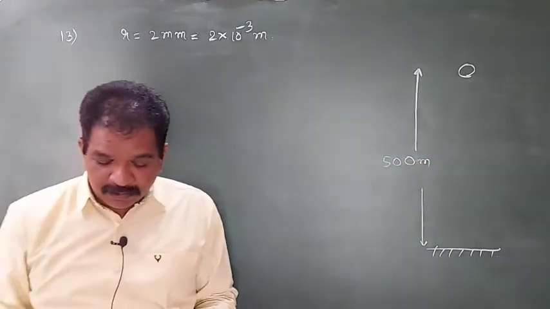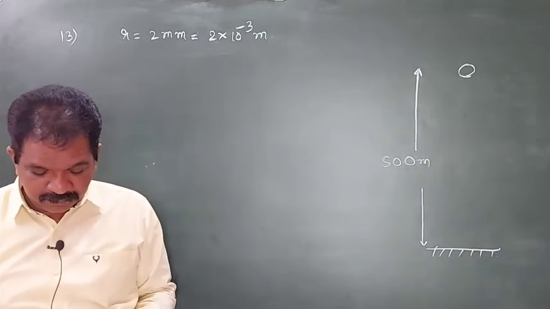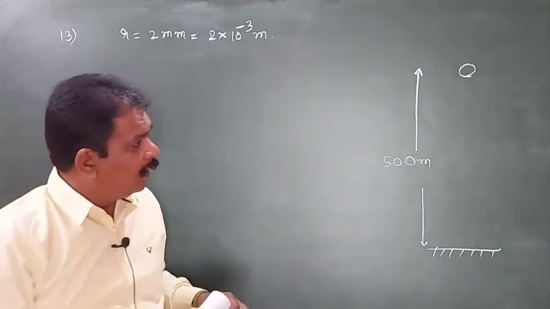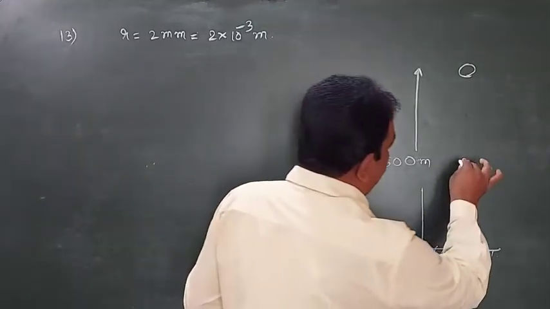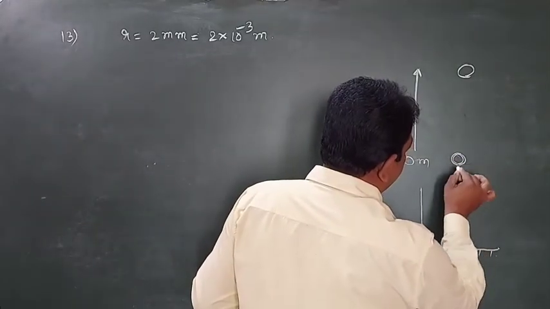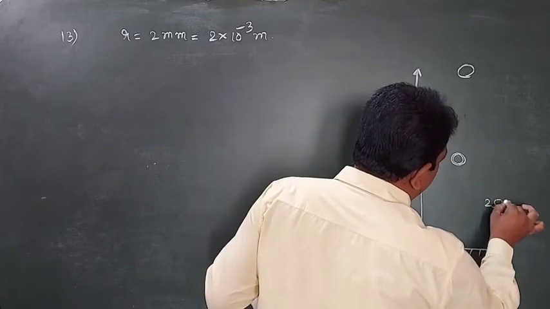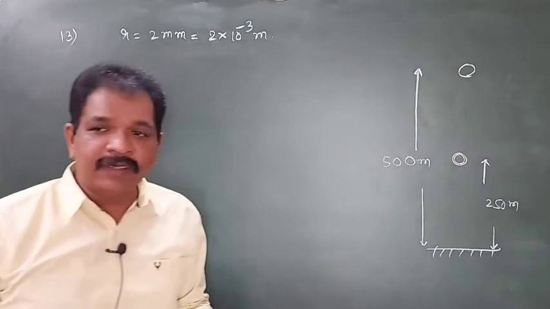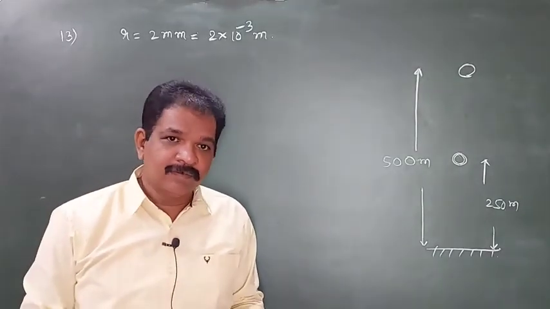Okay. Now, it is falling down. When it came to half of the height, so 250 meter, it acquires terminal velocity. Okay.